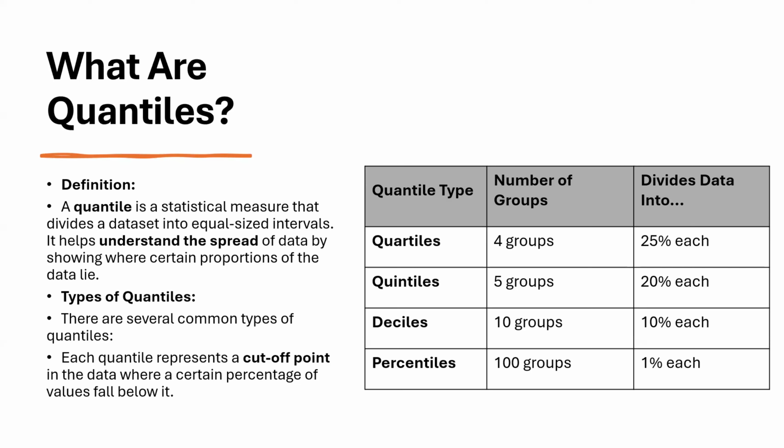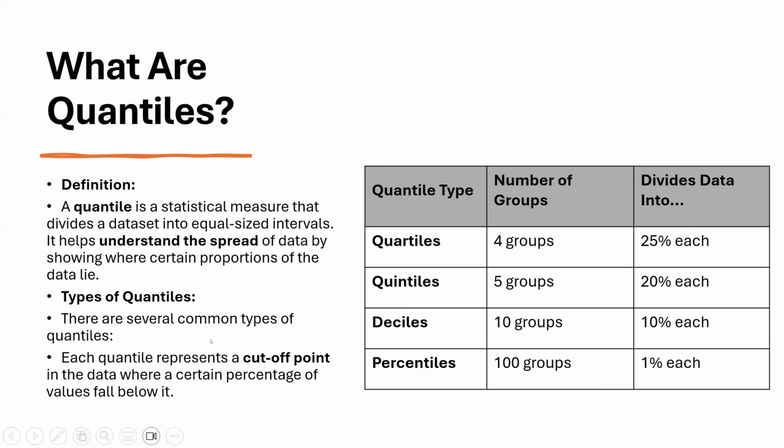If we talk about just quartiles, quartiles will have four groups. If we divide our data set using quartiles, we'll have four groups out of our data, and each segment will have 25%. Similarly, for quintiles, you'll have five groups, for deciles 10 groups, and for percentiles 100 groups.